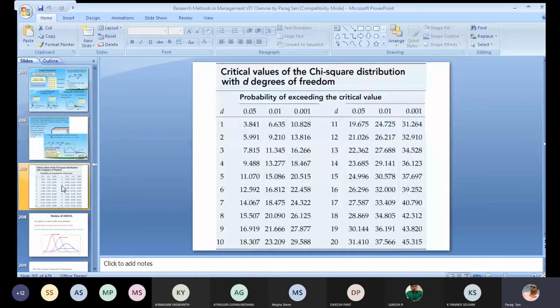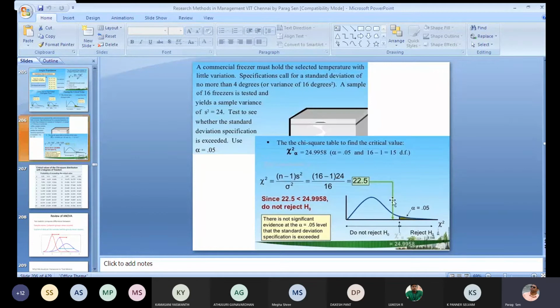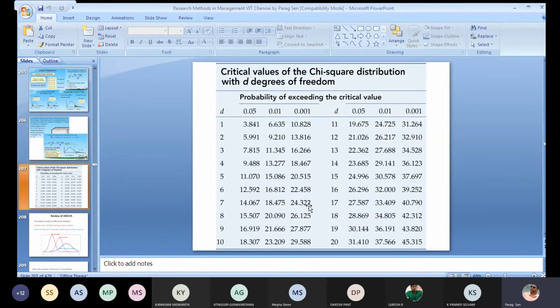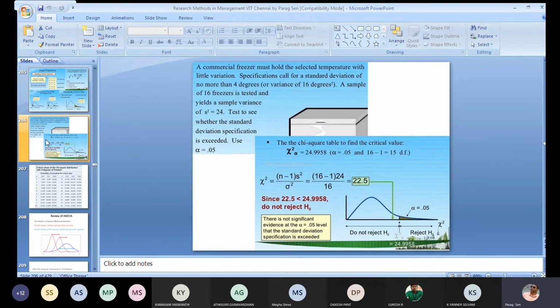At the alpha equal to 0.05 level, with 15 degrees of freedom, the cutoff is 24.996, or 24.9958.